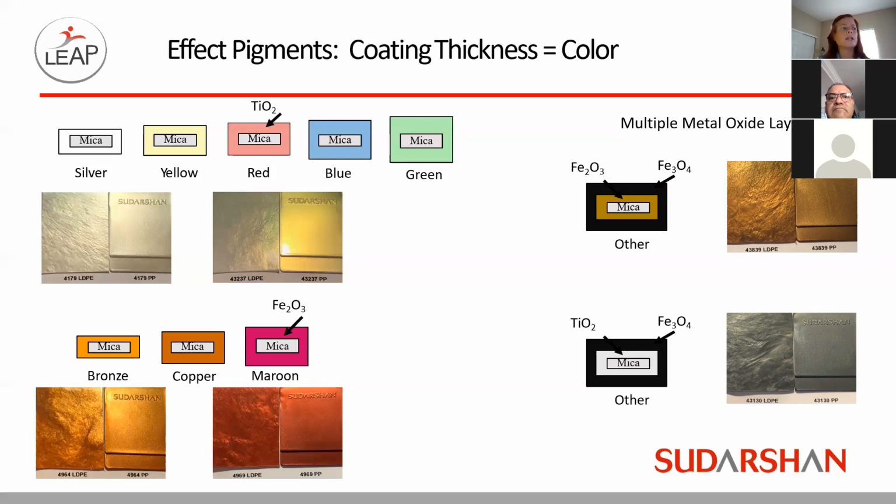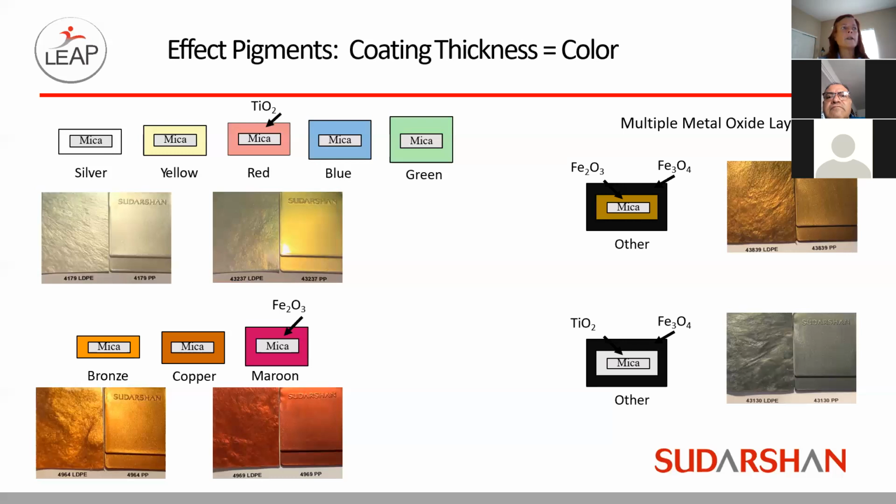And if the layer is a TiO2 layer followed by a black iron oxide, we get a nice gray color that is equivalent to an aluminum in color. So it does provide some alternatives to some aluminum pigments in terms of color and potentially some sparkle depending on the size that you use.